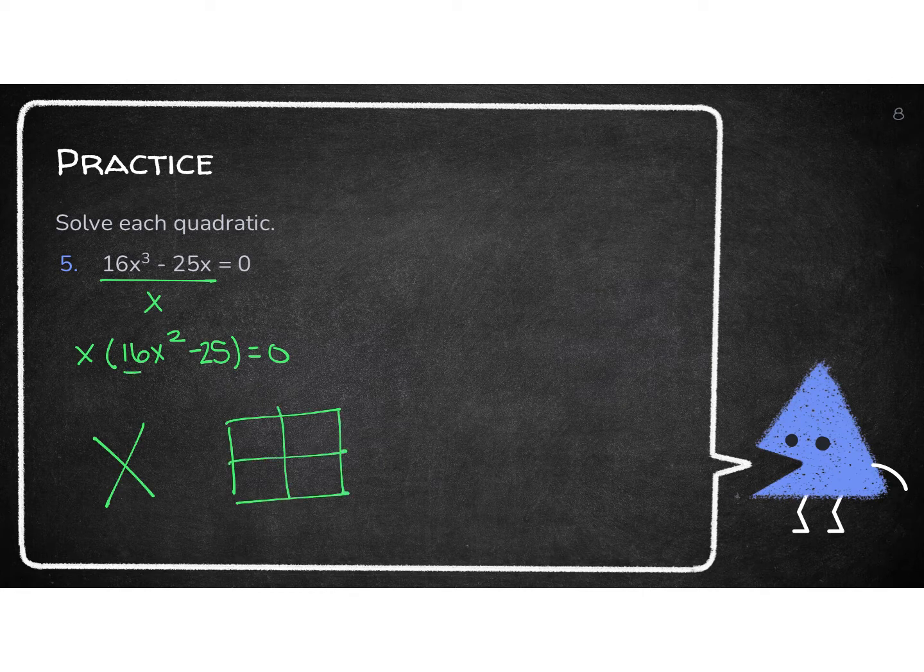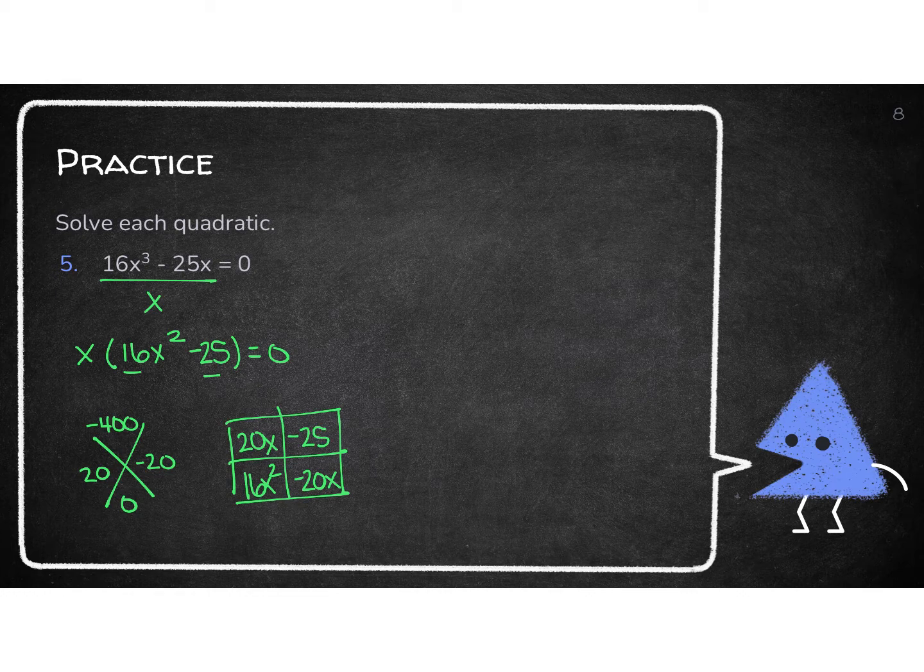So this is my A, this is my C, so I'm going to be left with negative 400. B in the bottom gives me 0, so I'll have 20 and negative 20. So I'm going to have 16x squared, 20x, negative 20x, and negative 25. I need to pull GCFs out.